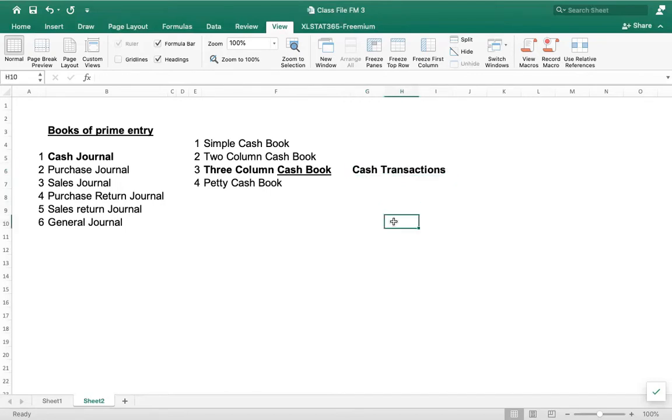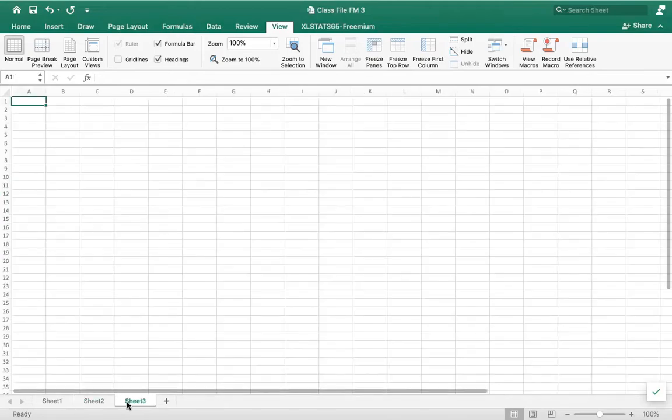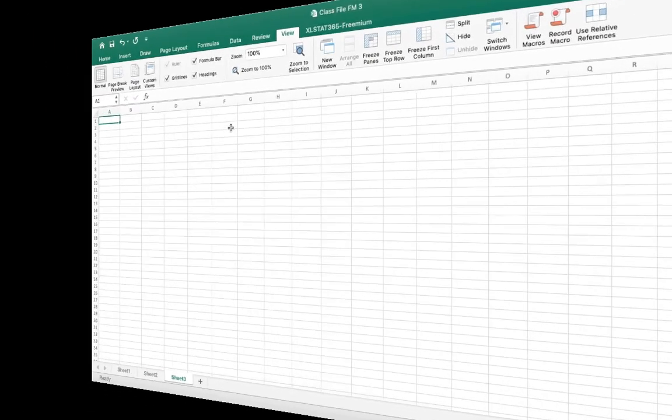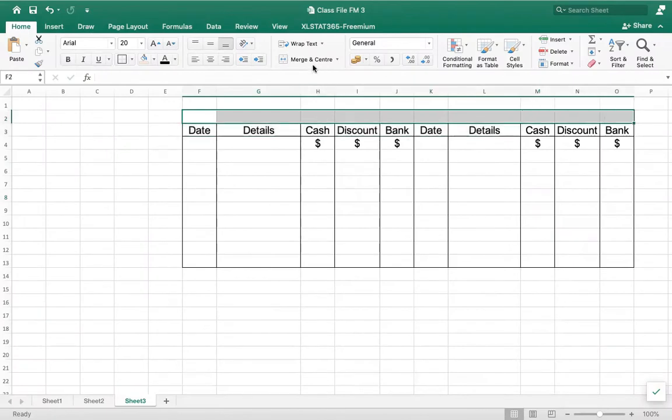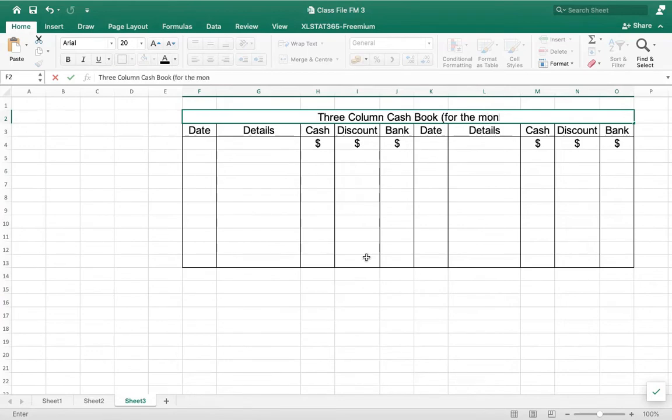So now let me draw the format first. First, we'll draw the format of 3 column cash book. There are 3 columns to record the amount, isn't it? It's a 3 column cash book. And for which month we are preparing, that also we need to mention. So let's say for the month of Jan 2022.